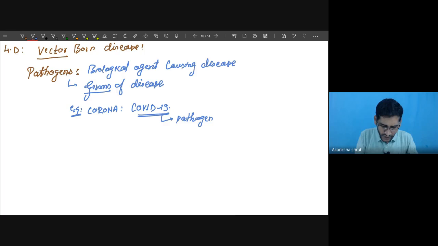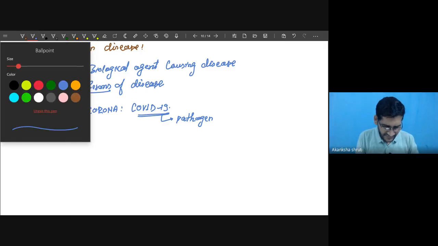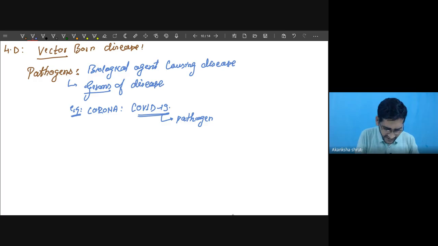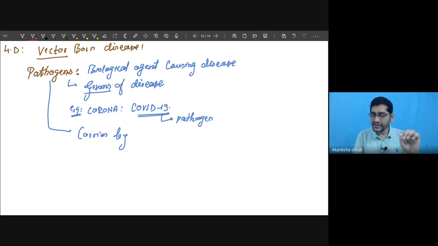So these pathogens are moving from patient or from one position to another by a certain carrier. These pathogens are not able to move by themselves. Getting? So these pathogens are carried by the carrier or agent.